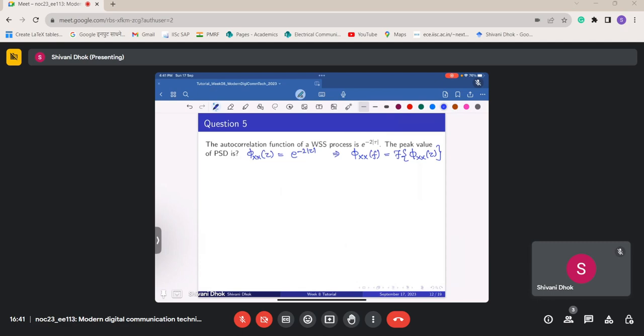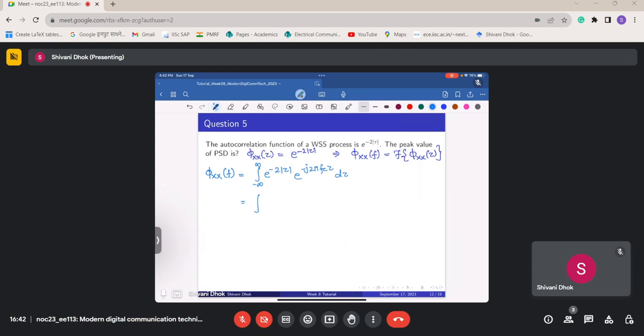Okay, so now let us look at this. So phi xx of f will be equal to integral from minus infinity to infinity of e power minus 2 magnitude tau, e power minus j 2 pi f tau d tau. Now I can split this integral into two parts, one from minus infinity to 0 and another from 0 to infinity.